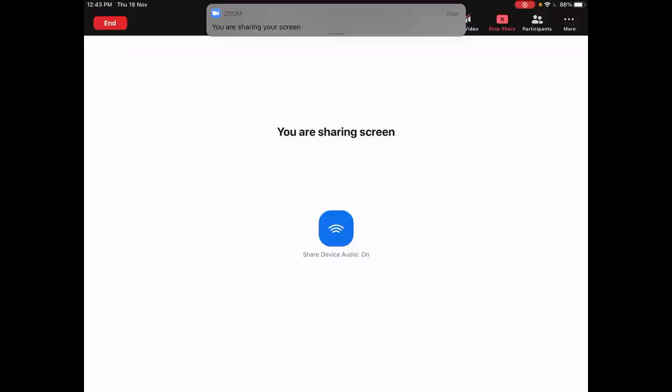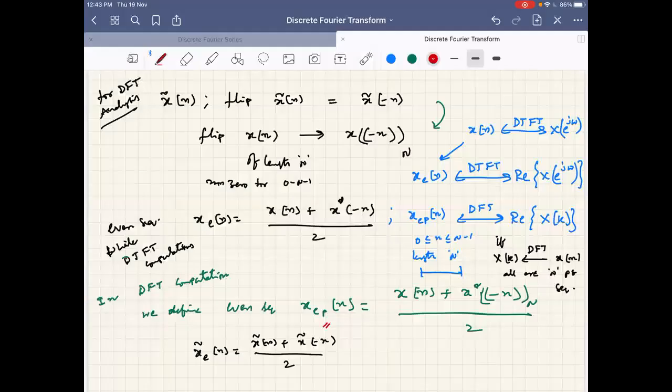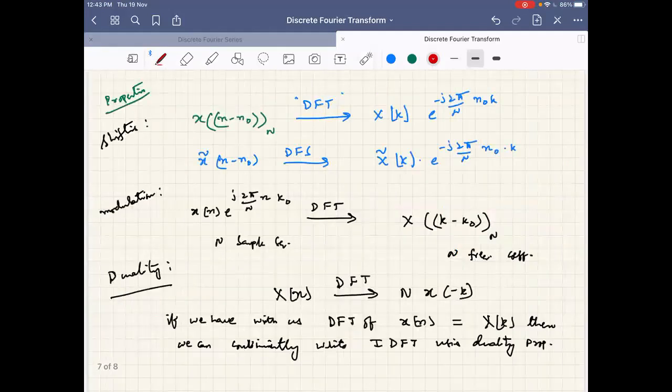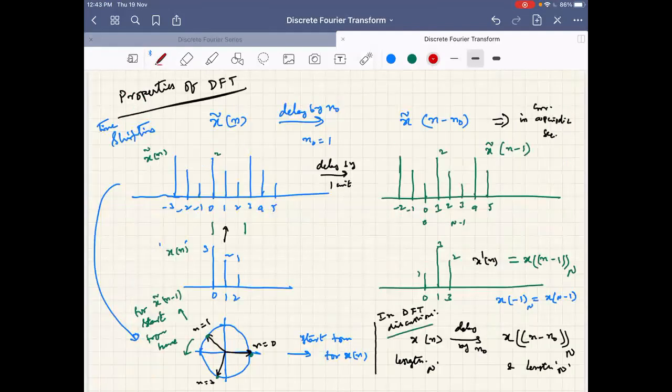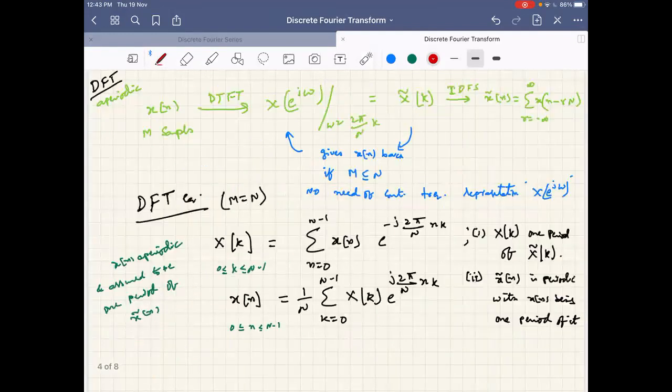In the previous video lecture, we have discussed the discrete Fourier transform. We have seen some of the key connections, or takeovers, from the discrete Fourier series and the discrete time Fourier transform while defining the discrete Fourier transform.